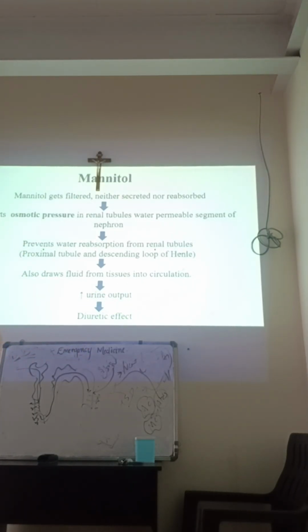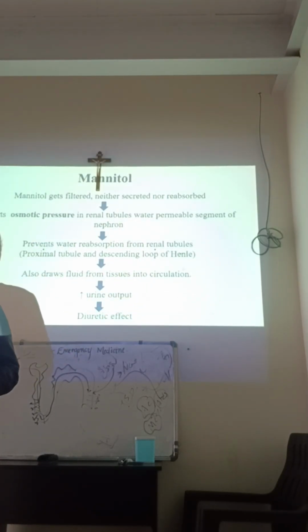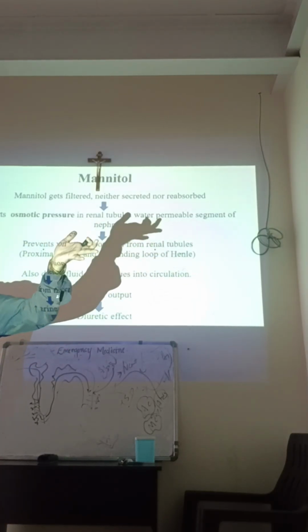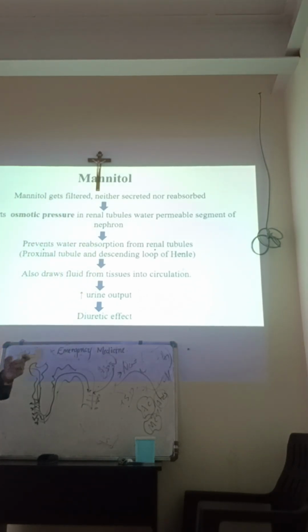Suppose this mannitol is there here, the water will be drawn inside this classroom, preventing the water reabsorption back. So wherever this drug is there, it is drawing the water. That's why if you give orally, it goes inside the colon and draws the water, and the fecal matter will be mixed with water and cause diarrhea.